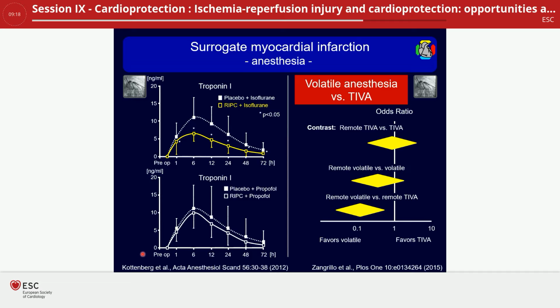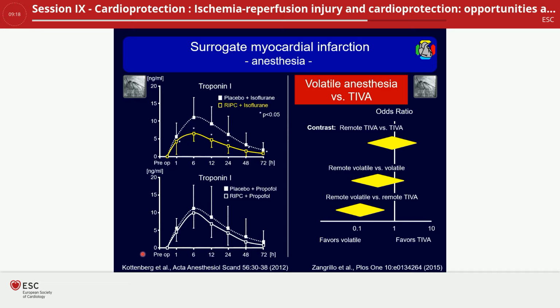We showed that the effectiveness of that protective intervention very much depended on the anesthesiological protocol that we used. As you can see in the left part of this slide, the reduction in troponin was very much seen if the anesthesia was with isoflurane, but it was abrogated and abolished when the anesthesia was with propofol.